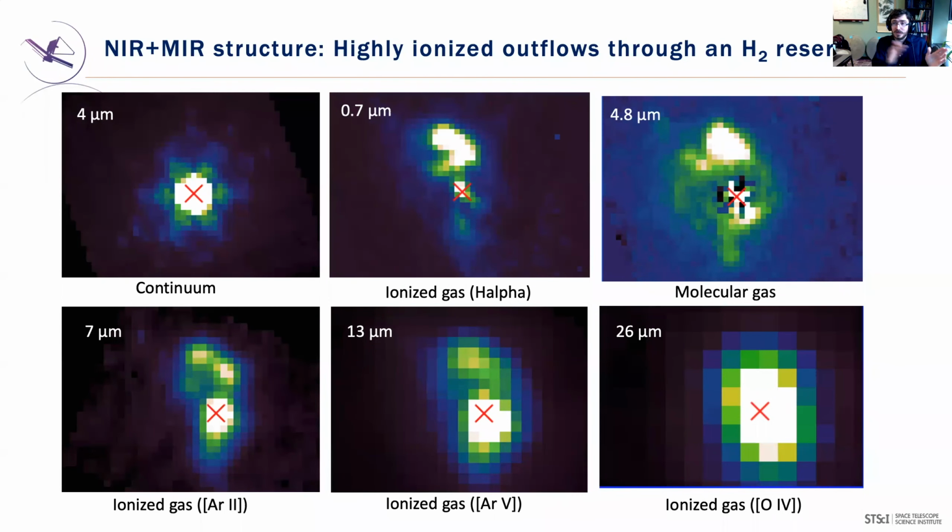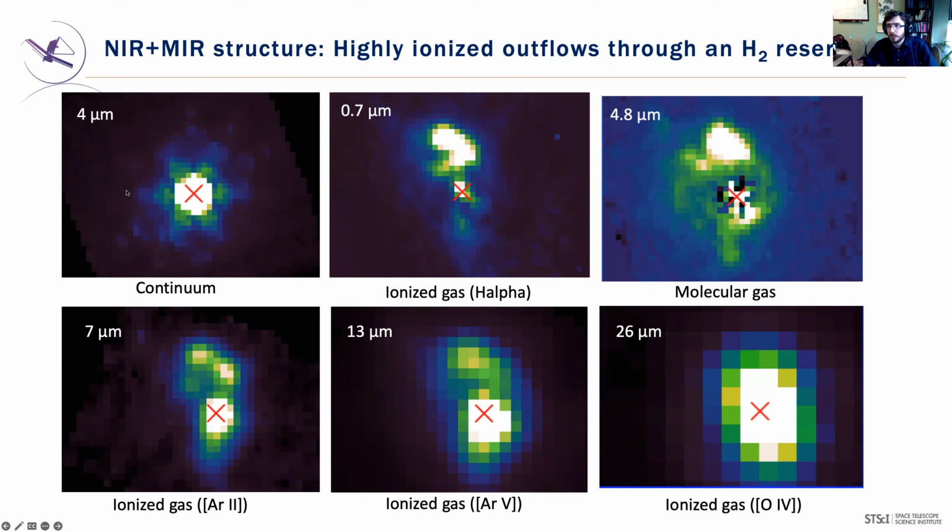Down at the very shortest end at about 0.5, 0.6 microns or so, we pick up observations of ionized gas. So this plot in the middle, for instance, is a plot of H-alpha emission from this galaxy as seen with NIRSpec. And these are all continuum subtracted. So I've taken out the central point source, since otherwise in most cases it would just dominate the map that you're looking at. So the point source looks like this.